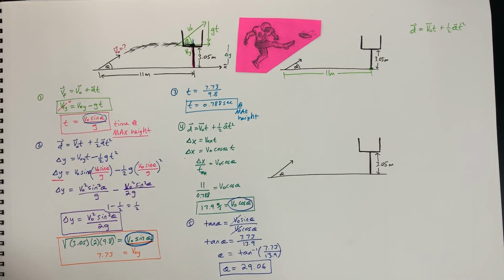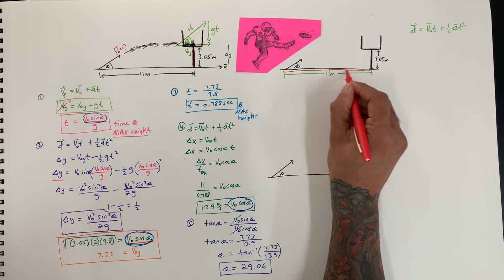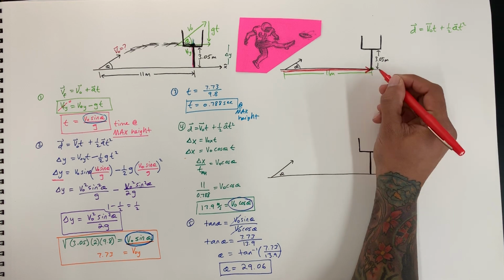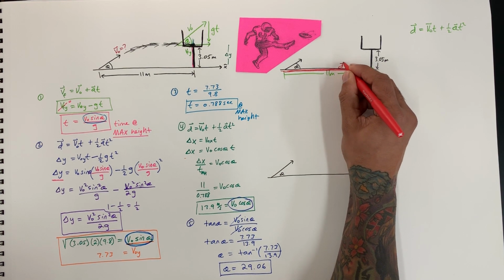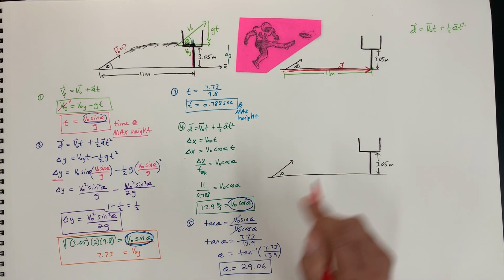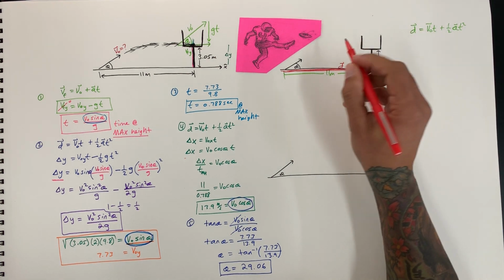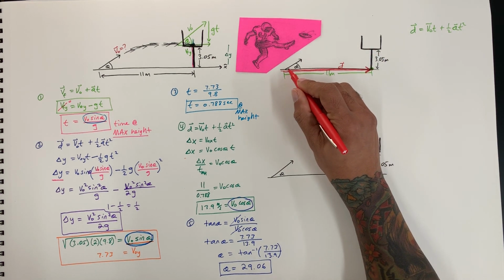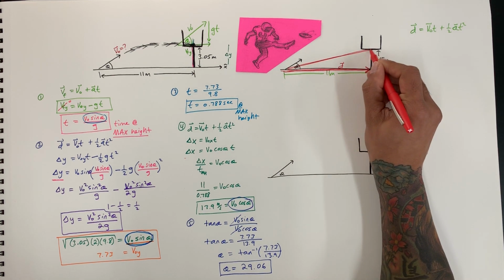Okay, so we're going to draw our displacement vector straight to where we want it, which is going to be here at this final position, and this is D vector. And then we're going to draw our vector line for velocity initial times time, which goes up to the goalpost, right to it.